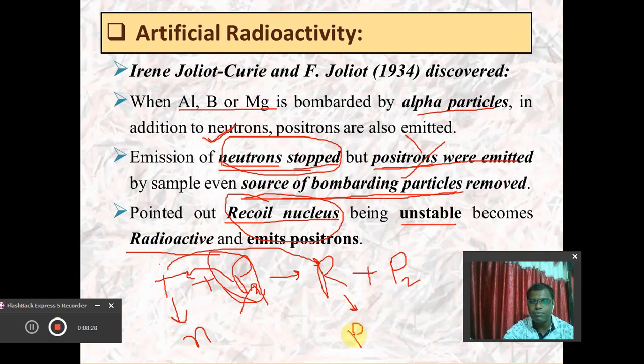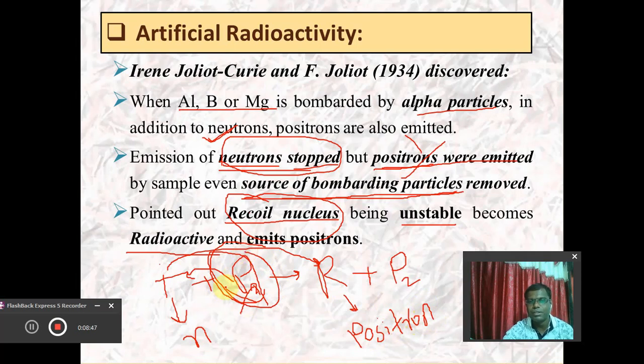It is responsible for the emission of positron. I hope you can understand, and that's why this emission of positron was continued even after the removal of this projectile source, or the source of bombarding particle.